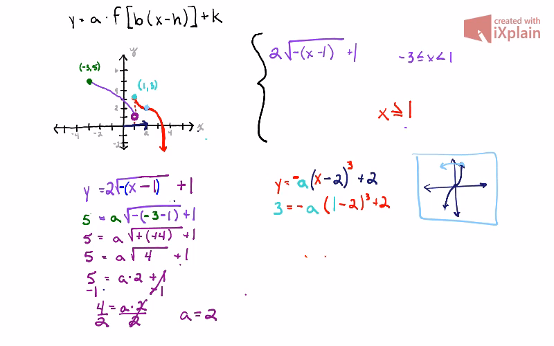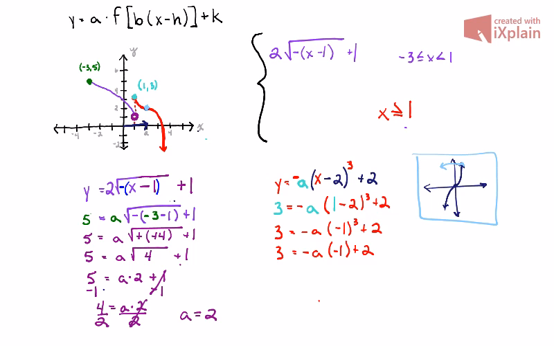As you can see, the only variable that we have left is the a. So we're going to solve for this. This gives us 3 is equal to negative a times 1 minus 2, which is negative 1 cubed, plus 2. Then we have 3 is equal to negative a times the negative 1, because negative 1 cubed results in a negative 1, plus 2.